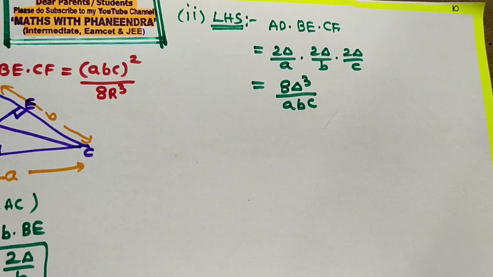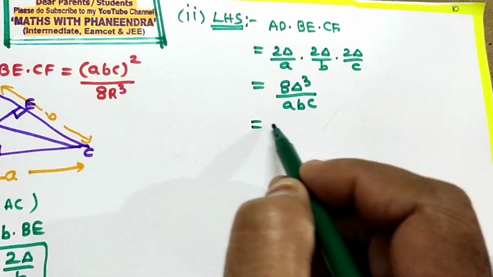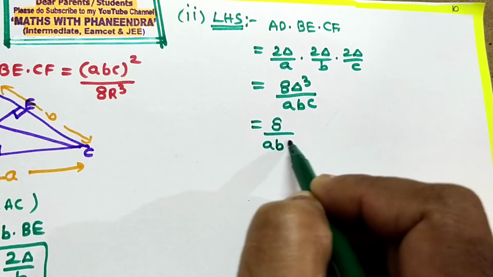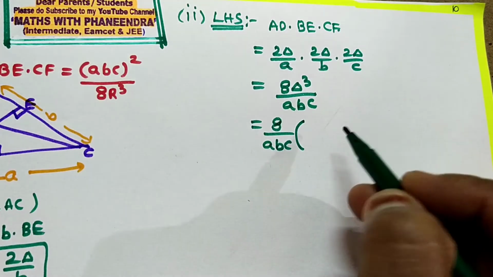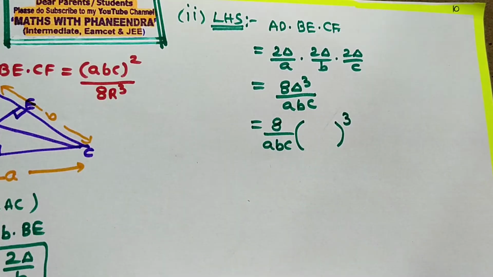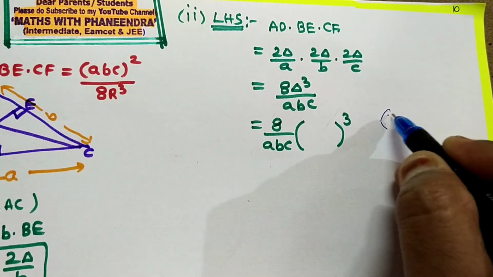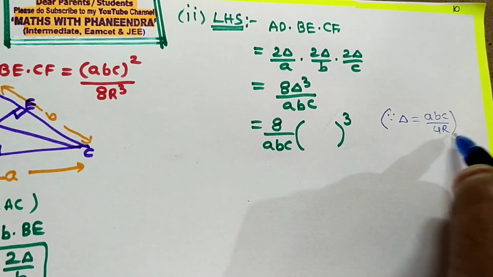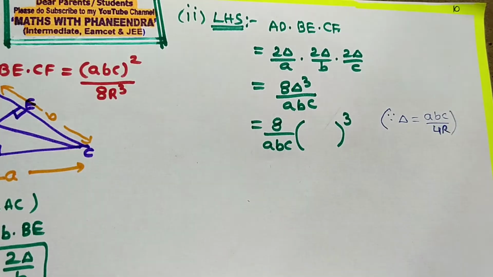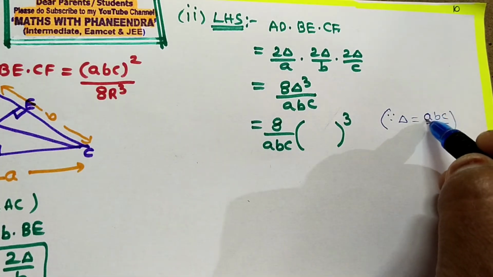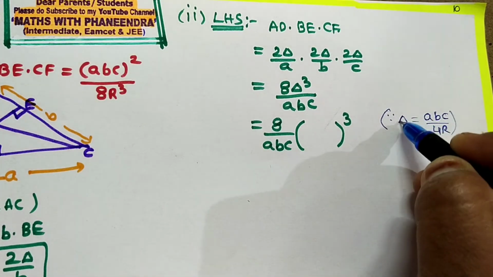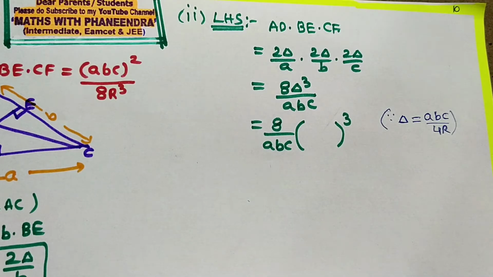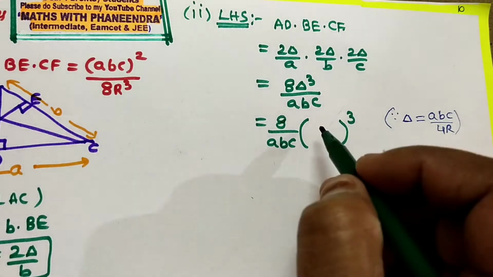So 8 by abc we can take separately, and delta cube. What is the value of delta? In previous classes we discussed that the value of delta is equal to abc by 4R. So substitute abc by 4R in place of delta.